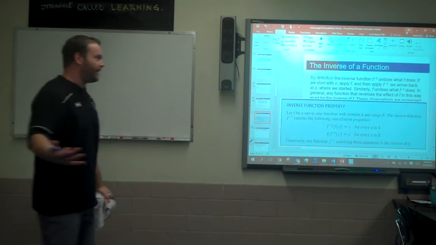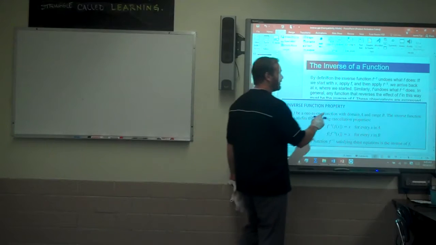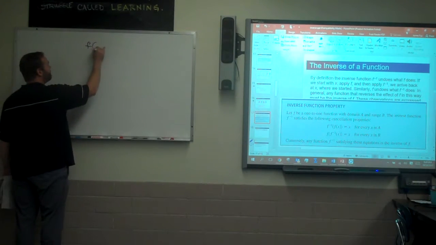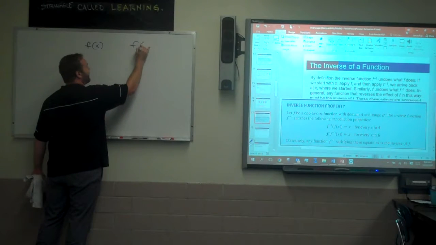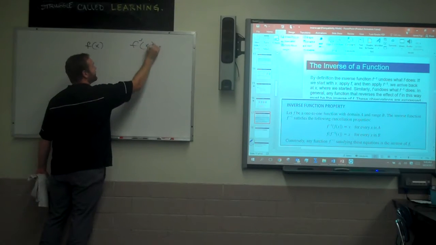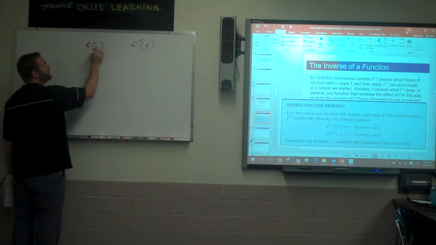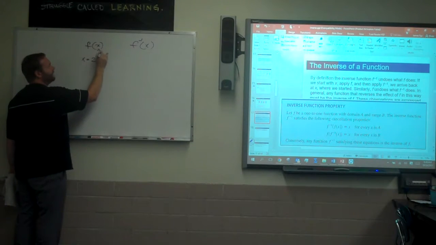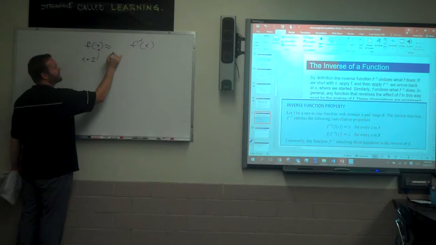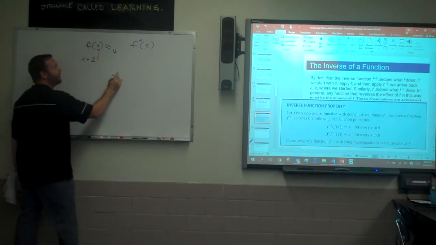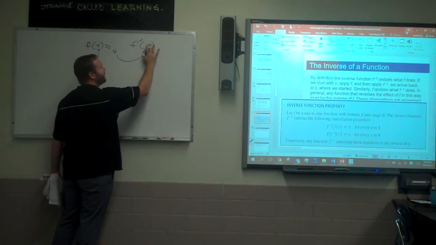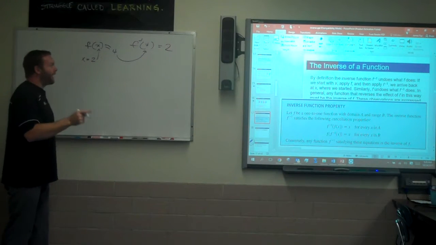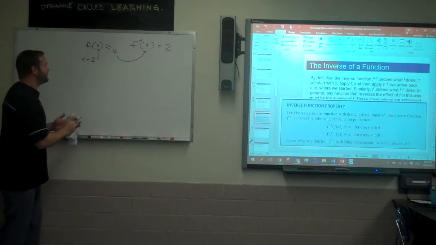If you have f of x and f inverse of x, take some x value, let's say x is 2. Plug 2 in, it spits out some output, let's say 4. We now take 4, plug it in, and what should spit back? 2.